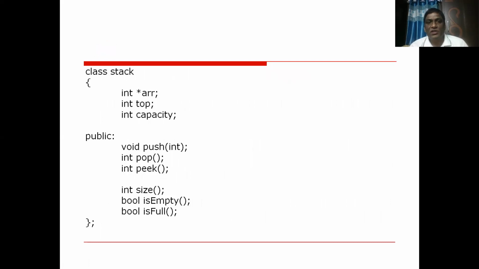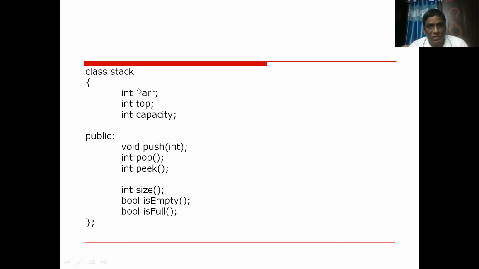So have a look at this now. You will get an idea about this. This is a class created in C++ for creating a stack. Stack is a data structure. If you look at this class stack, you see that there are three variables: int *arr, int top, int capacity.